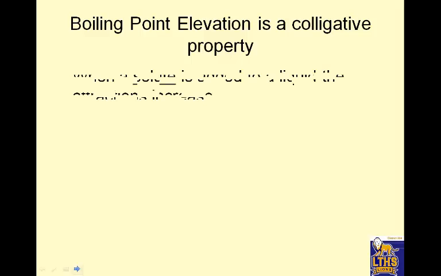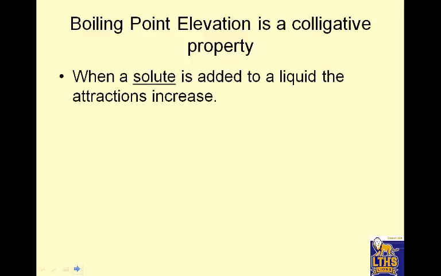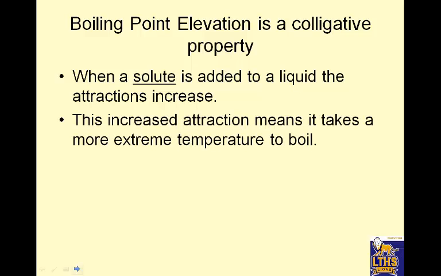Boiling point elevation is a colligative property. When a solute is added to a liquid, the attractions increase. The increased attraction means it takes a more extreme temperature to boil. So if I've got water right here, and I've got a solute particle, the solute particle is like Mike Tyson. Everybody wants to hang out with Mike Tyson, so more of these particles stay here instead of turning into a gas and leaving.